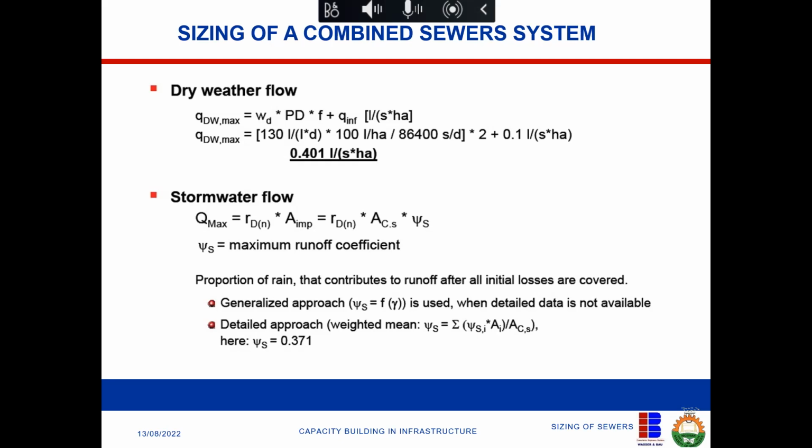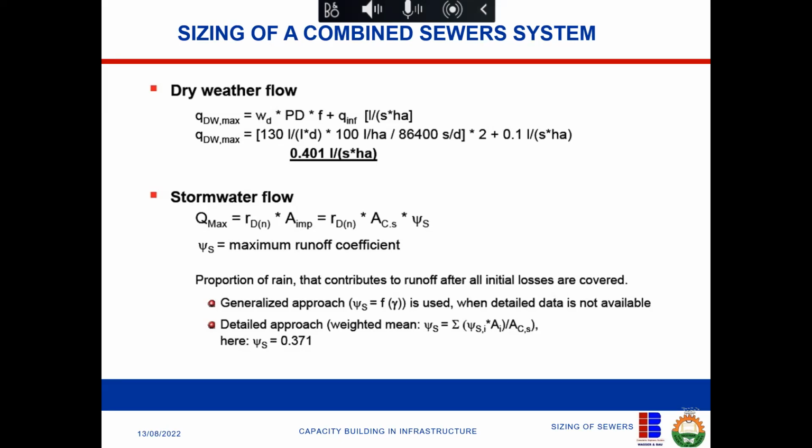So here, we assume 130 as our water demand. Then after that, we now assume the population equivalent to be 100 liters per capita per hectare, right?